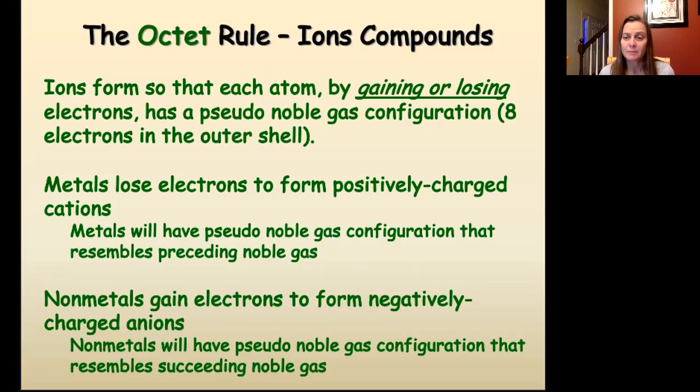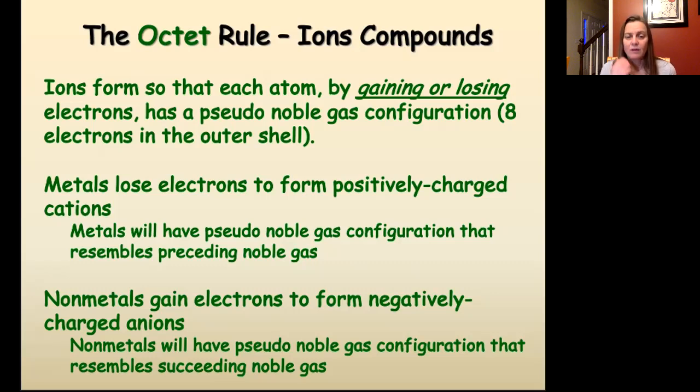That means that metals, which have just a few electrons, mostly in their s and sometimes in their d orbitals, are going to lose electrons to form positively charged cations, and our nonmetals are going to gain electrons to form negatively charged anions.